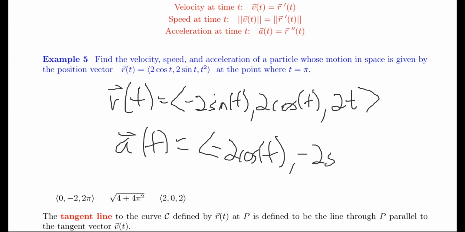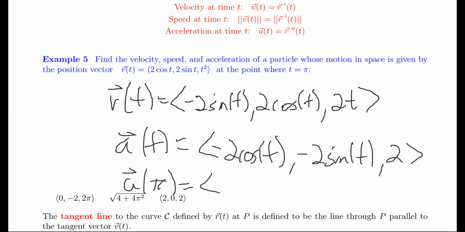And derivative of 2t is 2. Then we plug in t equal to pi, so the acceleration vector evaluated at pi, and we get, cosine of pi is -1, so -2 times -1 is +2. Sine of pi is 0, so we get 0 there, and then we get 2. And that is our acceleration vector at t equal to pi.